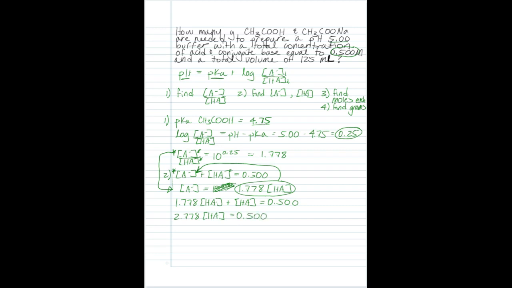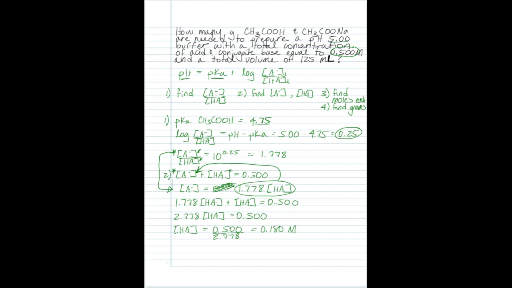Okay, and so this is an equation that now has one unknown in it, and I can solve for that unknown. If I want to solve for HA, I would take 0.500 and divide it by 2.778. This gives me an HA concentration of 0.180 molar.